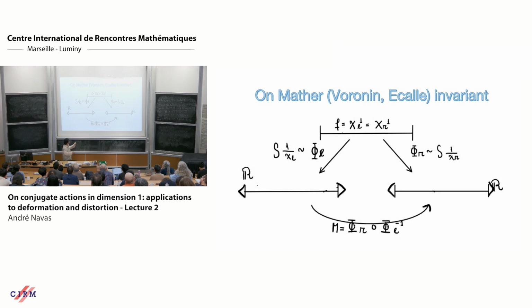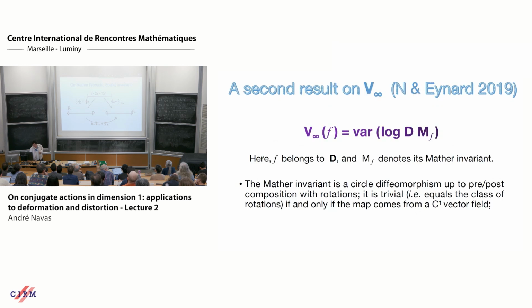So you have to compose on the right and on the left by rotations. And the class of this diffeomorphism is the Mather invariant. And it is an invariant because it is invariant under conjugacy, and it captures a lot of information about f. And the information we are able to relate is this one.